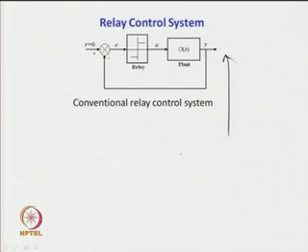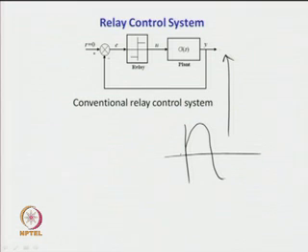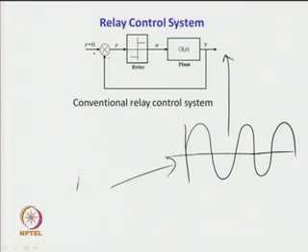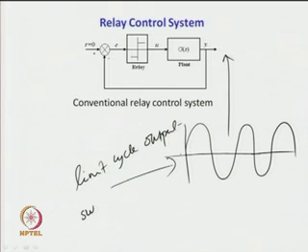output of the plant becomes oscillatory. We get some limit cycle output from this arrangement, which is known as the sustained oscillatory output.